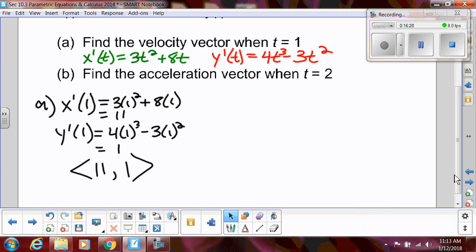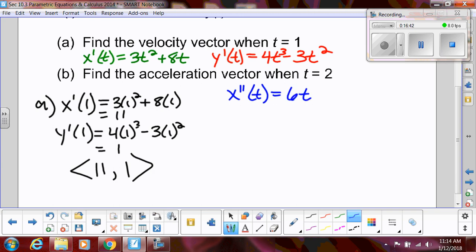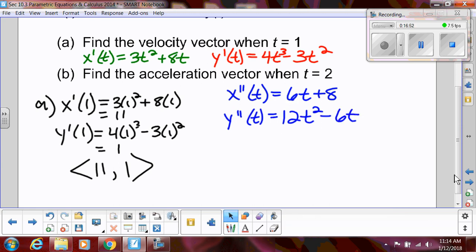For part B, it says find the acceleration vector when t equals 2. So what do we do for that? Well, now we're just doing the second derivative. So we need x double prime of t, which will be 6t plus 8. Y double prime of t will be 12t squared minus 6t. And now we need to plug in 2.